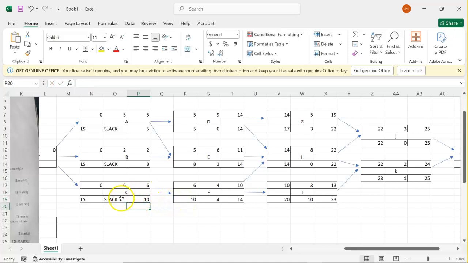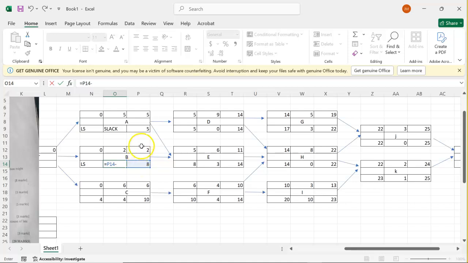So that minus that one will be 10 minus 6, giving us 4. Again there it will be 10 minus 6, which is giving us 4. There it will be equal to that number minus that number, giving us that number.